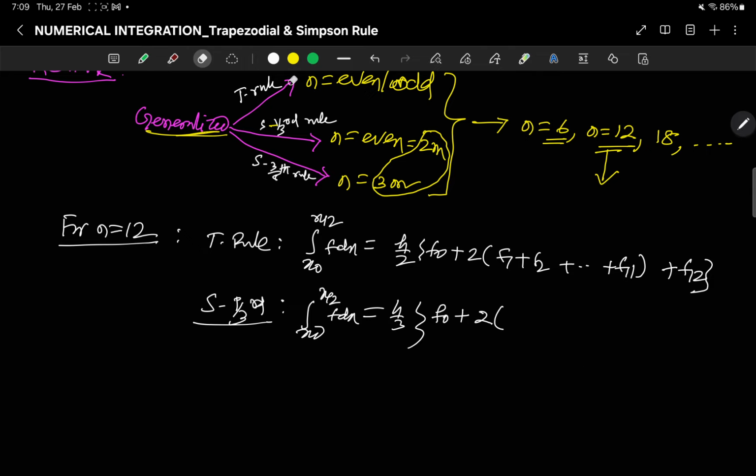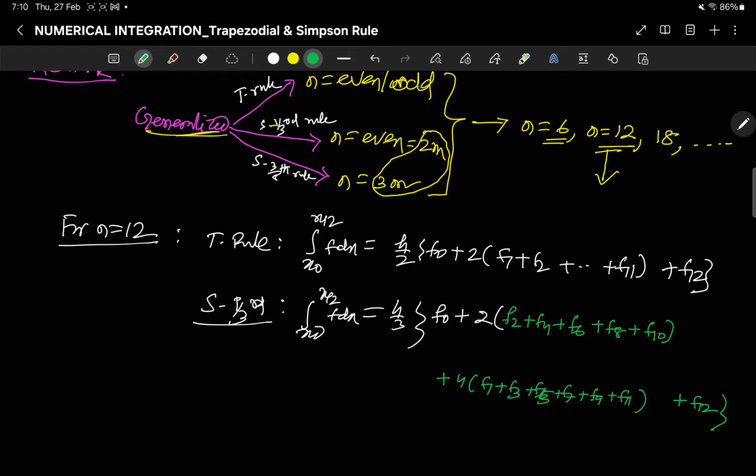So there is a little correction here, the even terms are f2, then 4, then 6, then 8, then 10. Okay, f12 is single, it is outside, and the remaining are 4 times 1, 3, 5, 7, 9 and 11. So here f0, then 2 times the evens and 4 times the odds, and the last one. Okay, so this is the formula.